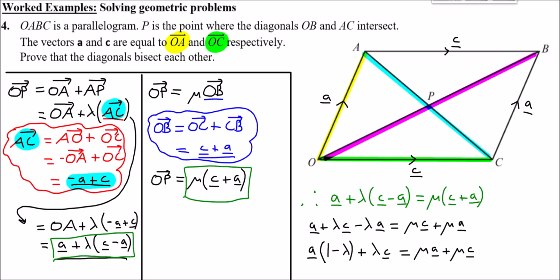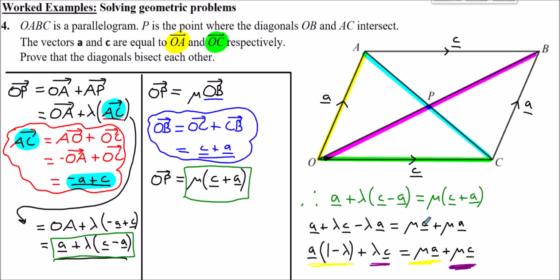So now I'm hoping you can see that actually we can equate these two bits. If one side is equal to the other, then the A bits must be equal, and as well as that, the C bits must also be equal, because one side is equal to the other.